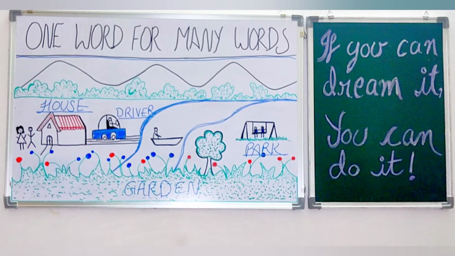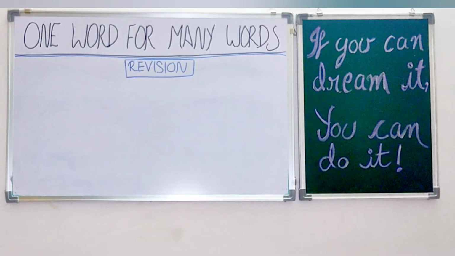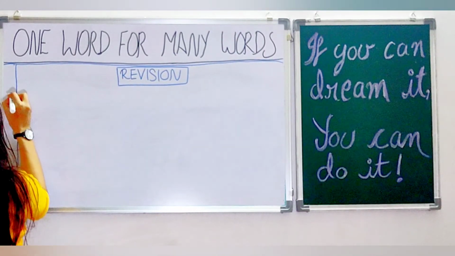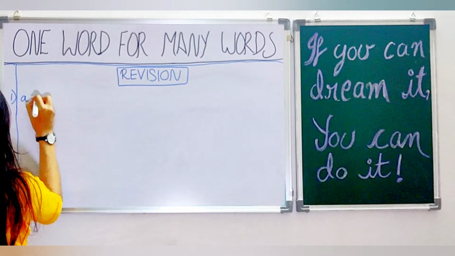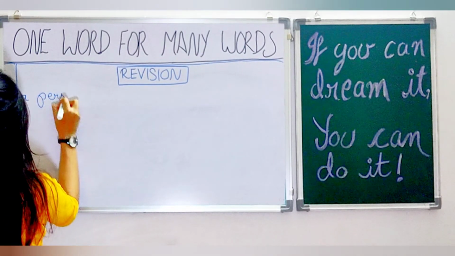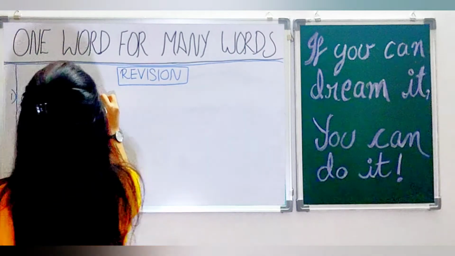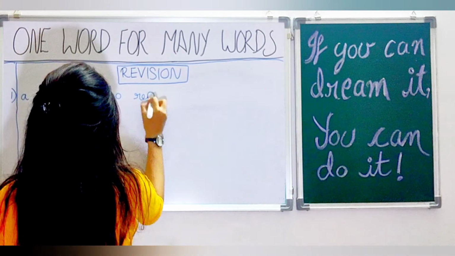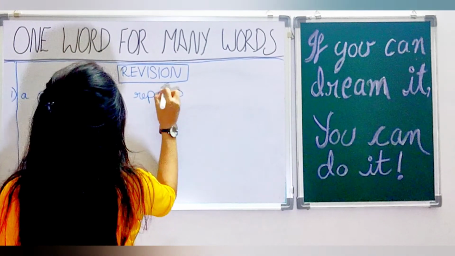Okay, now I'm going to take a quick revision. So be ready with your notebook and pencil. So children, in this revision, I'll be asking you 5 questions, which you have to write in your notebook. Alright? The first question is, a person who repairs machines.